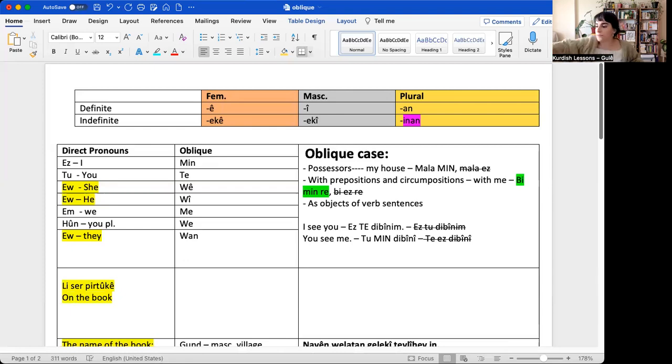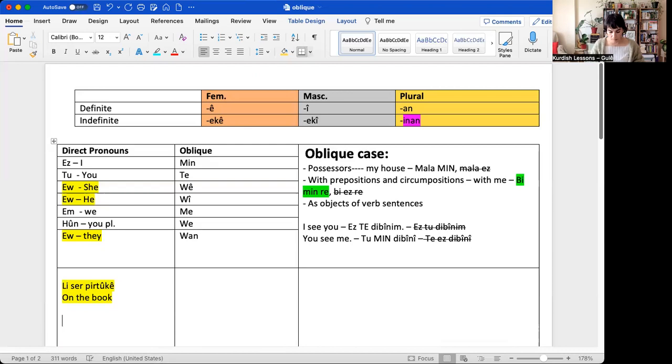Li ser pertûkê telefonek heye. You say li ser pertûkê, on the book. But li ser pertûkekê, on a book, indefinite. Li ser pertûkekê telefonek heye.